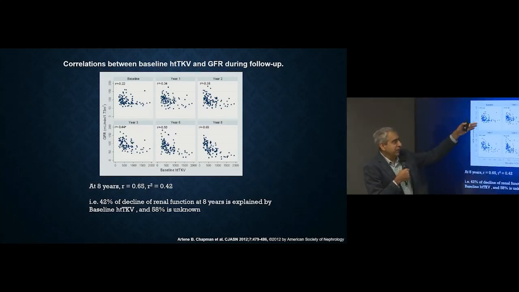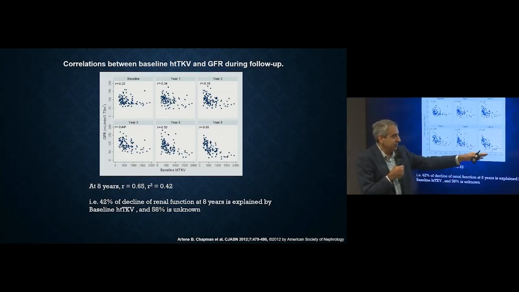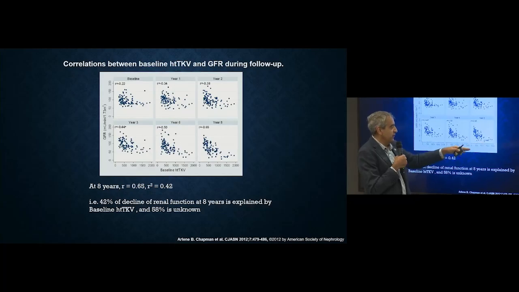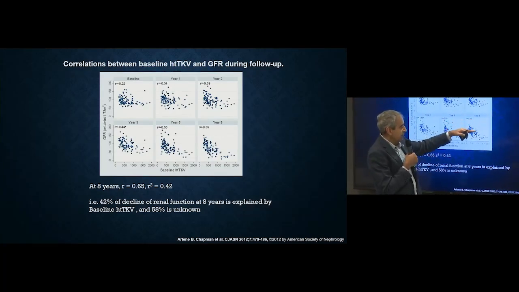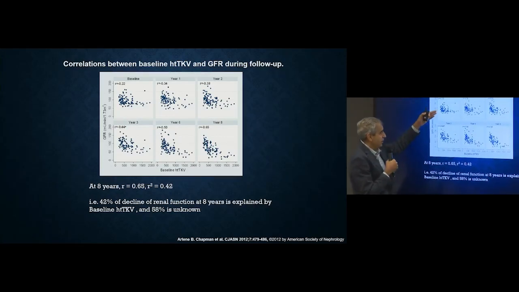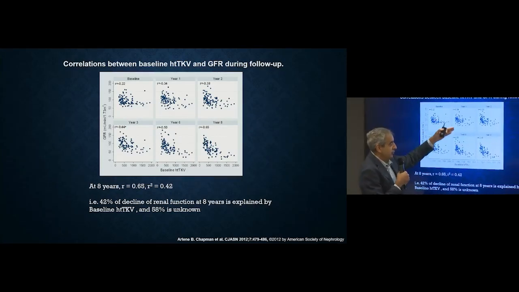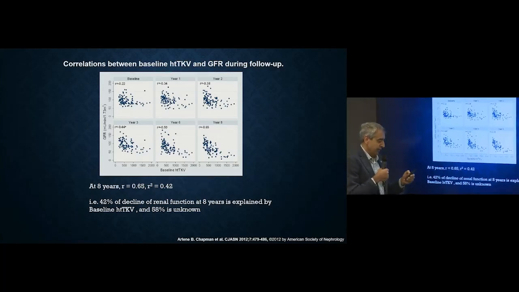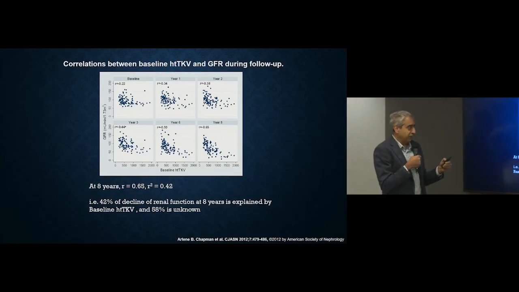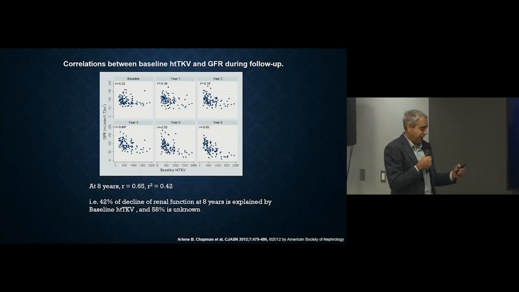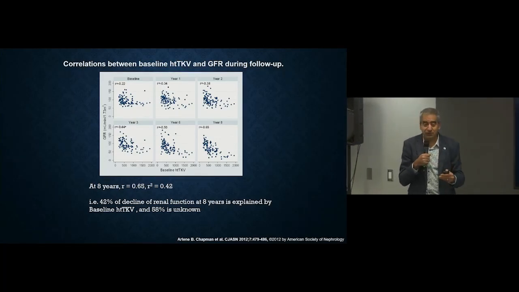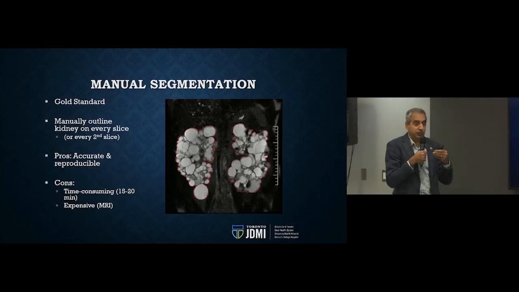Whereas when we look at it down the line, 8 years later, in terms of kidney function, we can see that patients that had larger kidney volumes tend to have lower kidney function. So baseline total kidney volume can predict future relative decrease or future loss of kidney function. It is predicting future loss of kidney function and not necessarily the current kidney function.